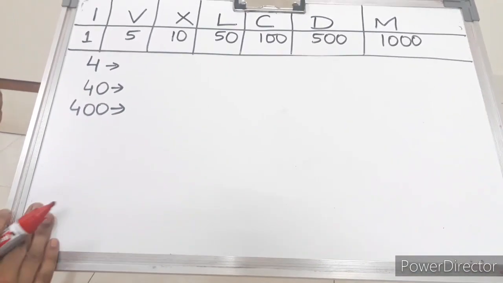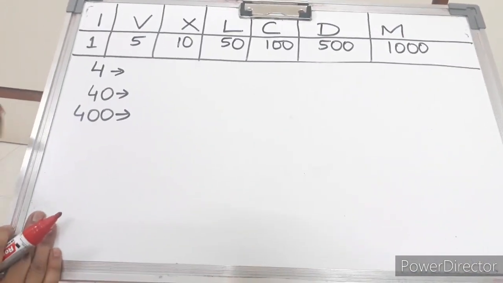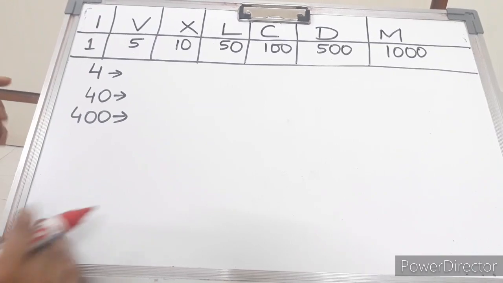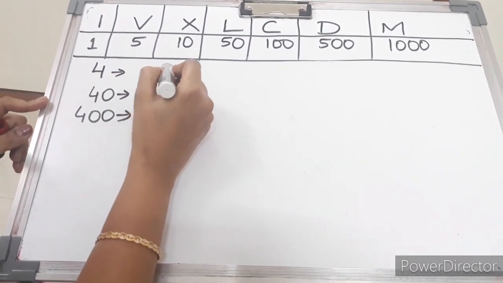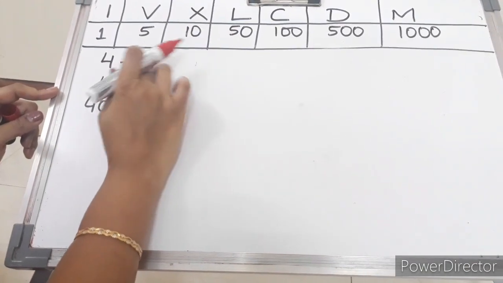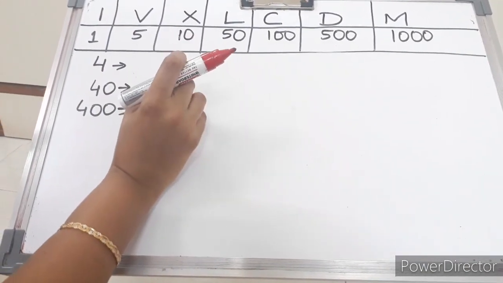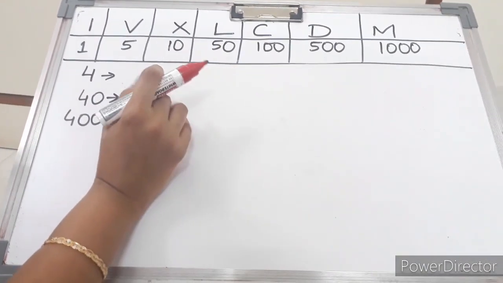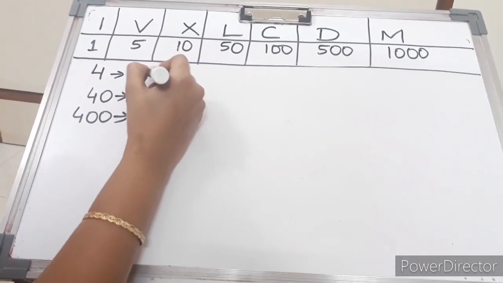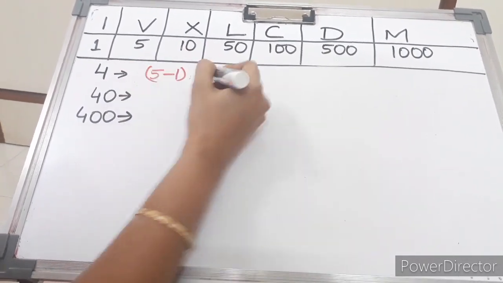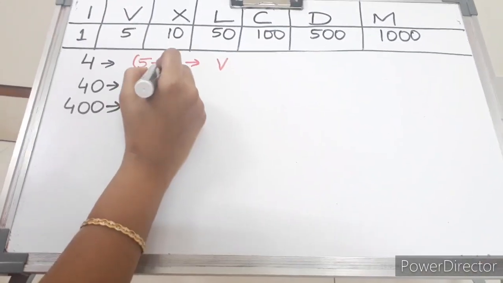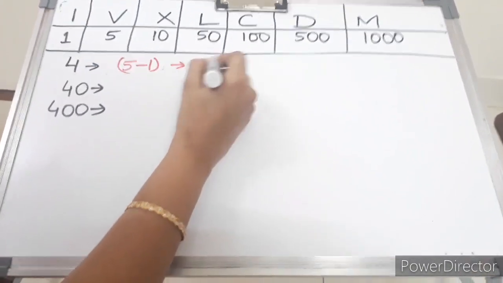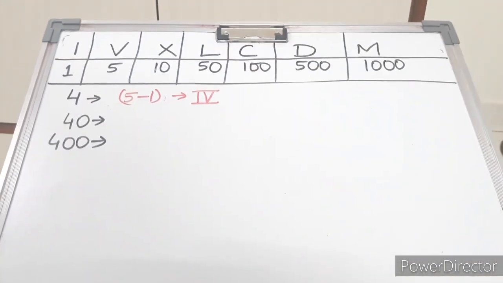Okay, coming towards the next question. Let's again revise what we have done up till now, the basic rules. Suppose 4: how do we write it? We don't have to write it like this. This is absolutely wrong because a symbol cannot be added more than 3 times. So what we have to do is 5 minus 1, that is V with the smaller value to the left, this is the symbol for 4.